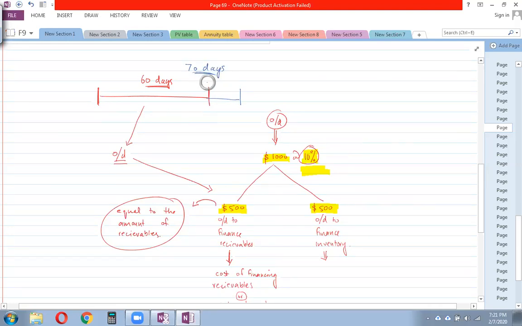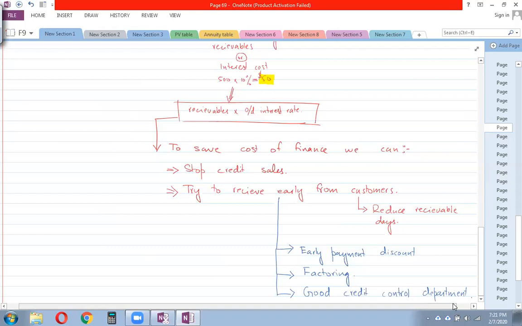So that will be your receivable days. The customers are never going to be paying every time on time. Sometimes they're going to delay the payment. So that's the receivable days, right? So your good credit control department can force them to pay on time, right?